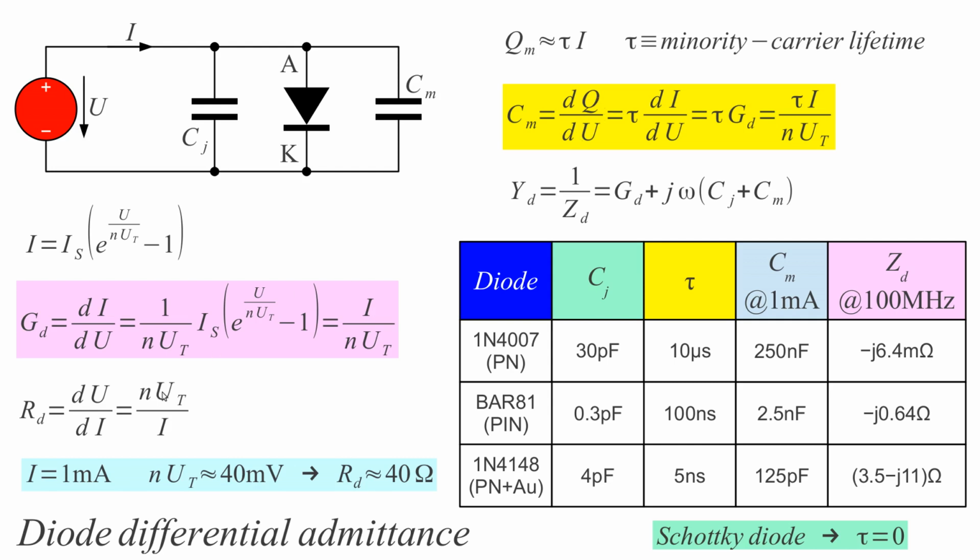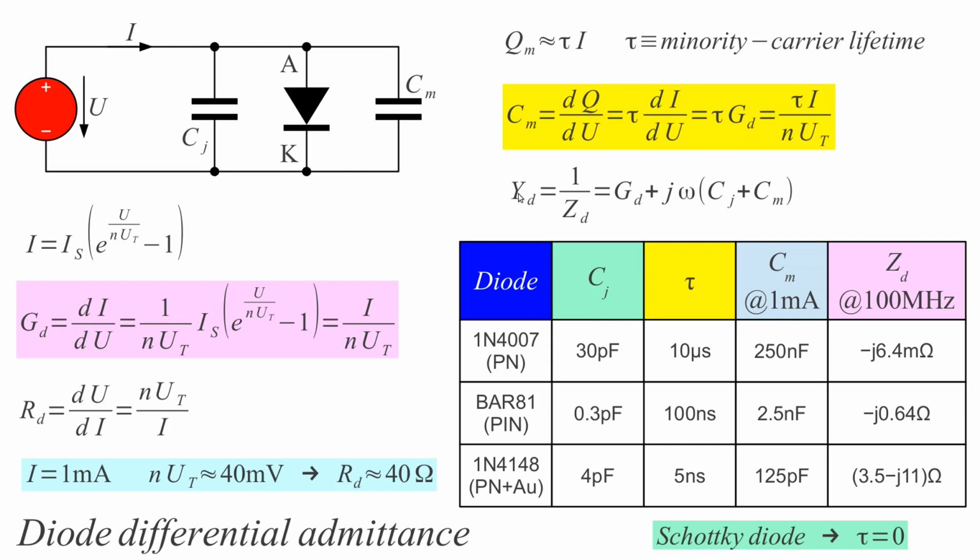And if we look at our equations, this is just the minority carrier lifetime times current differentiated per voltage. And we already calculated this. This was the differential conductance of our diode. So differential conductance multiplied by the minority carrier lifetime gives us the capacitance. And this capacitance, considering the figures of conventional diodes, may be quite large.